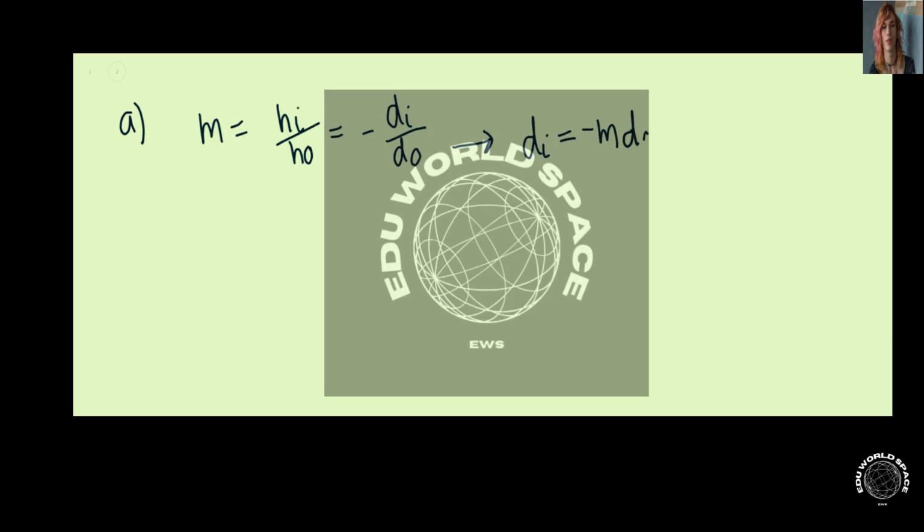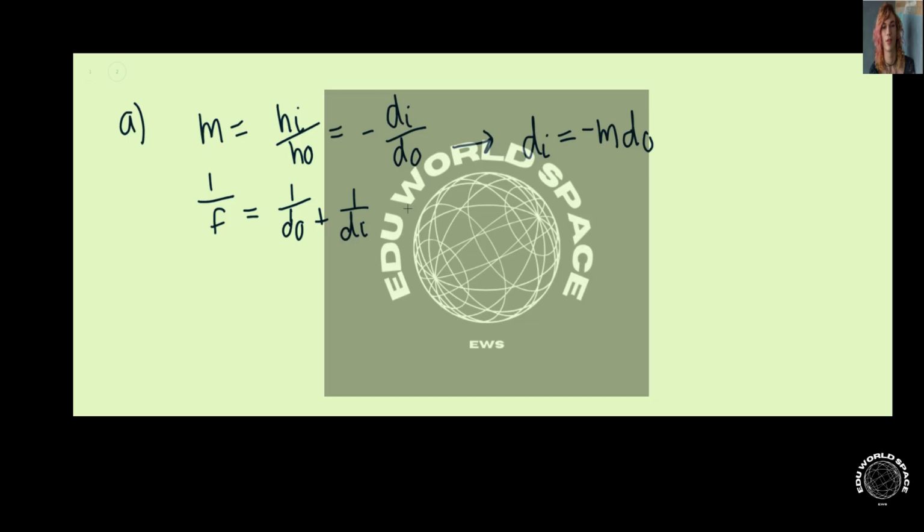So to start us off, we're going to be making use of the definition of magnification. m is equal to the ratio of heights, but it's also equal to the negative ratio of distances for the image and object respectively. With that said, we can write the image distance as negative m d0. We can now combine this with the ideal lens equation: 1 over f is equal to 1 over d0 plus 1 over di, for object distance and image distance.